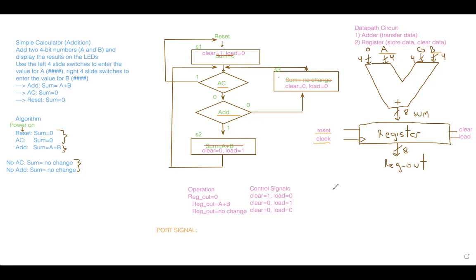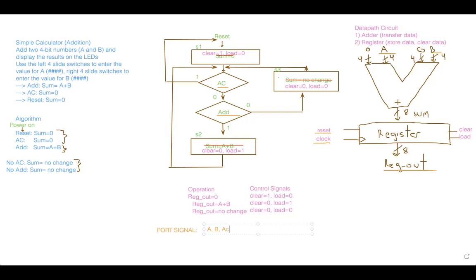So we got AC to clear, A to add, and then we have the clock and the reset. Then the user also sees the output. So those are all our port signals. The user needs to input the two numbers.